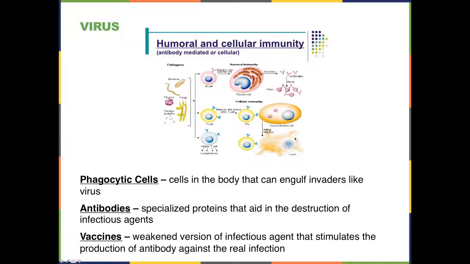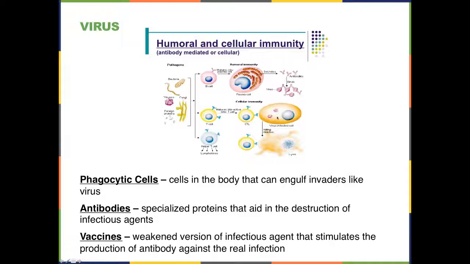So these are the two ways. One is called humoral immunity: this is the binding antibody against the virus. And the other is called cellular immunity: this is when the cells, with the help of antibody, recognize an infected cell and destroy it before it can produce new virus.